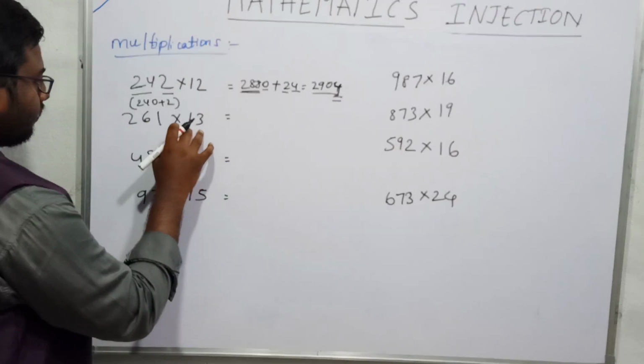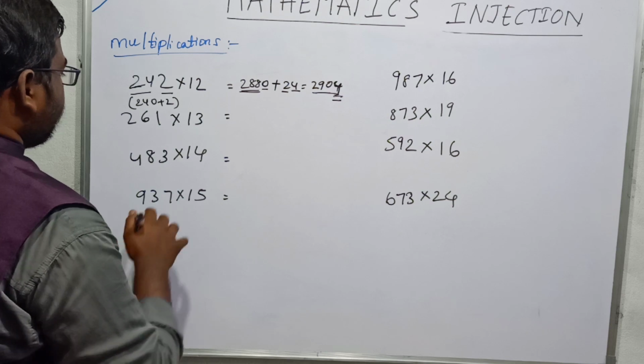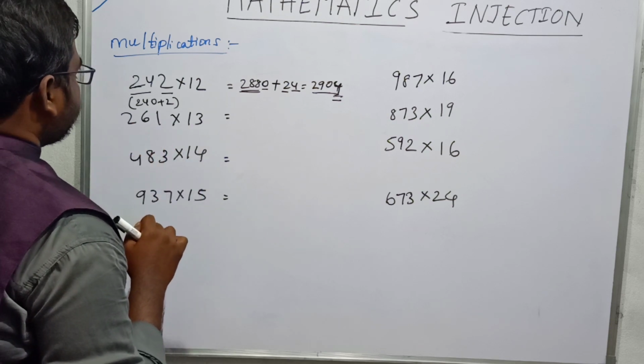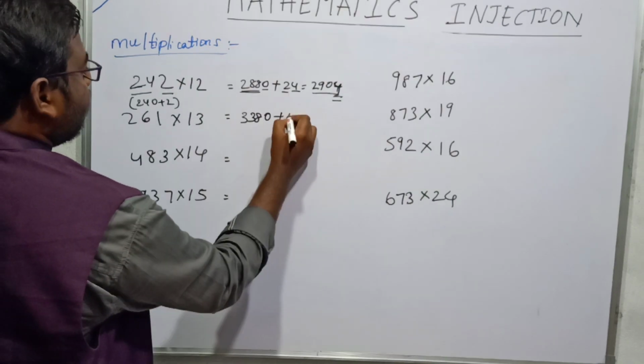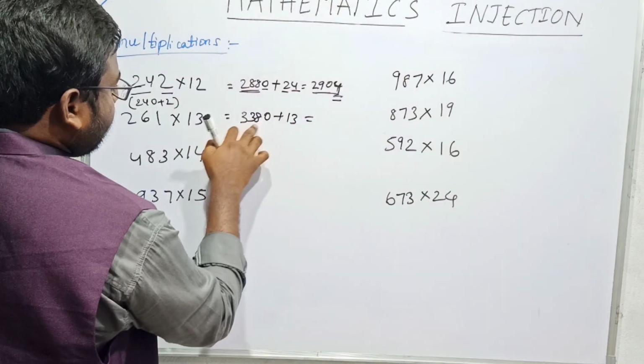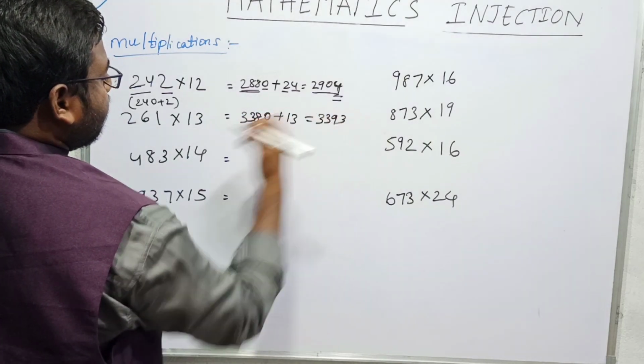Let us see this: 13 into 26, 78, 26 plus 7, 33, 338, and 0 plus 13. We should add 1 to 338, that means 339 beside 3.